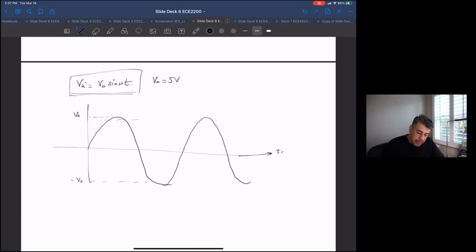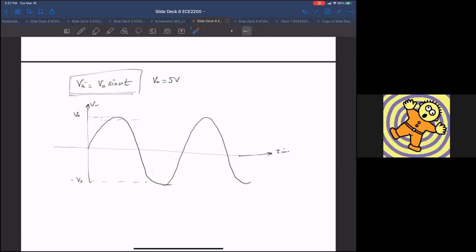But that's the first thing, what the input looks like. So you've got to trust the math when you see an equation like this. You've got to know that there's no offset, and it's just multiplying this amplitude by this sine. It's as simple as that. Sine goes from -1 to 1, and V0 multiplies by zero at the zero crossings, and V0 at the peaks.